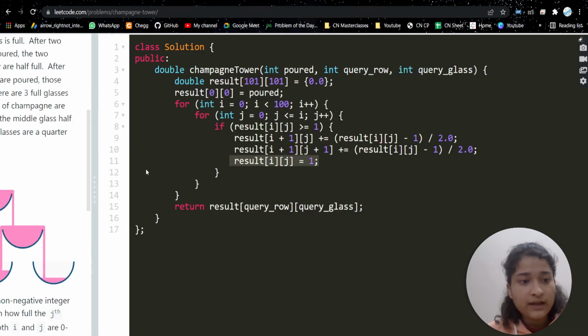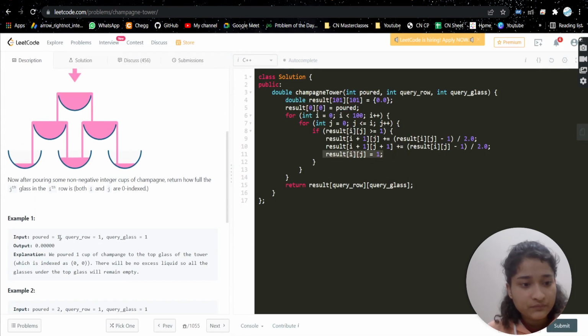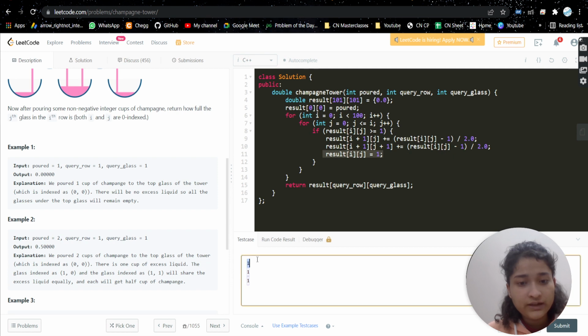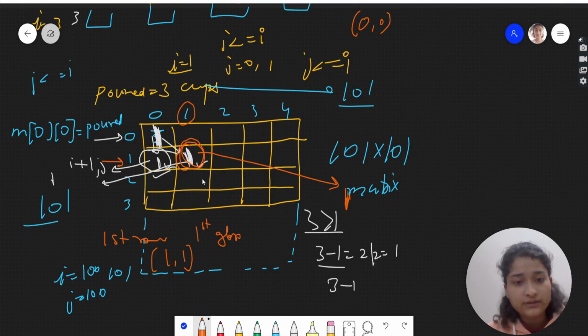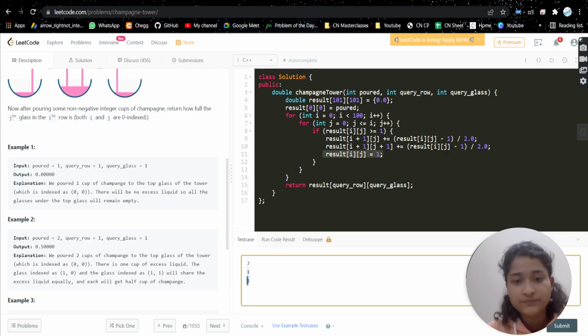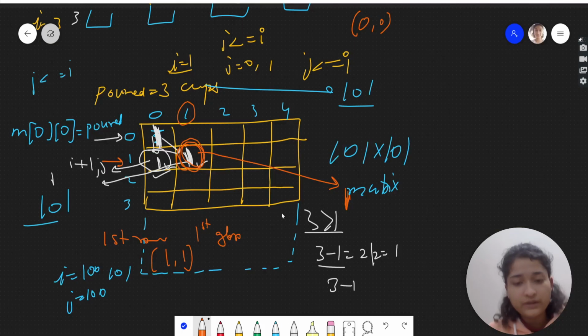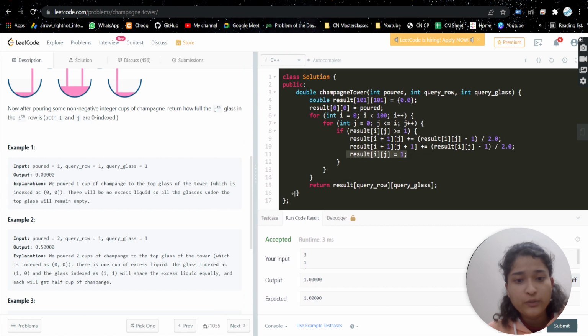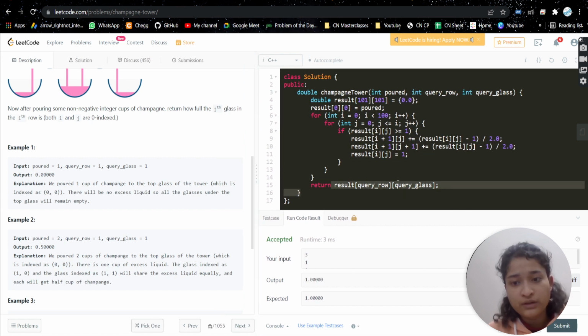So glass amount is 1. Fine. So if you see here, if we write 3 cups are being poured and we need to know what is at 1 comma 1 index, that is here 3 comma 1 comma 1. So run code and we will get 1. So we are getting 1. Fine. I hope you understood. In the last we'll return row glass comma query glass.